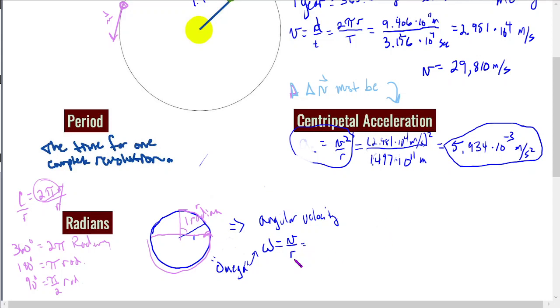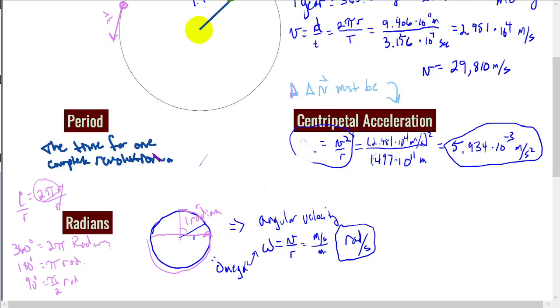If we're dividing our speed by our radius, this is going to give us a value in meters per second divided by meters. But really, this is radians per second. So this is our angular velocity in radians per second.